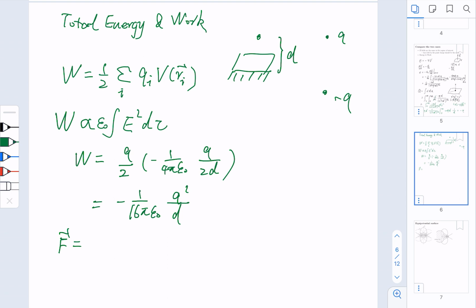So this force should be proportional to the negative of E. This is because we are interested in calculating the force we need to apply to counter the electric field to bring the charge to the position. And here, what does the E field represent?